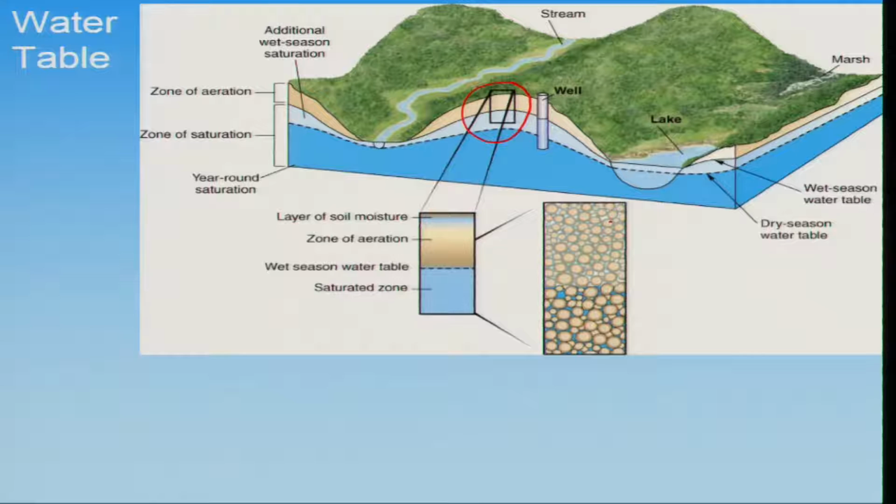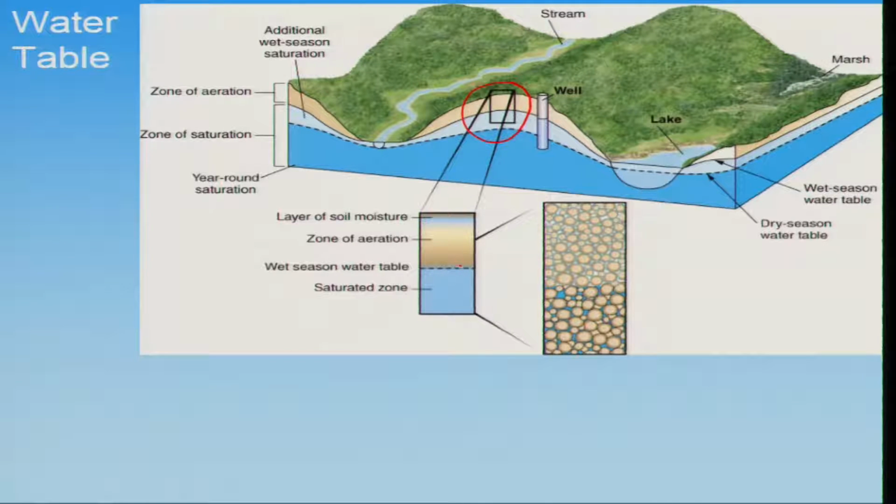It does not contain water between them. And then we have a saturated zone, where the pore spaces are occupied by water. The contact between the saturated zone and the zone of aeration is the water table.